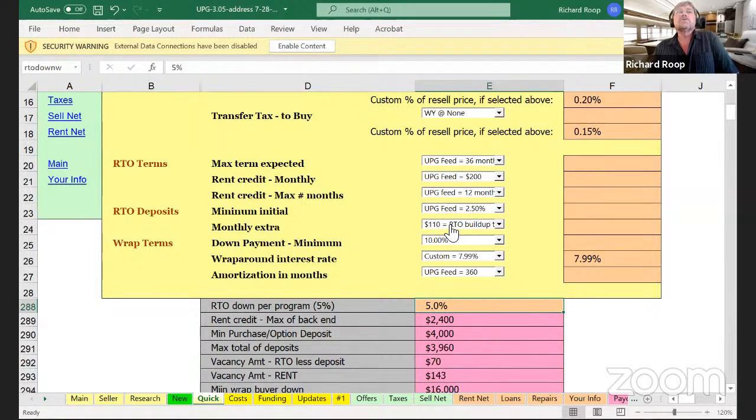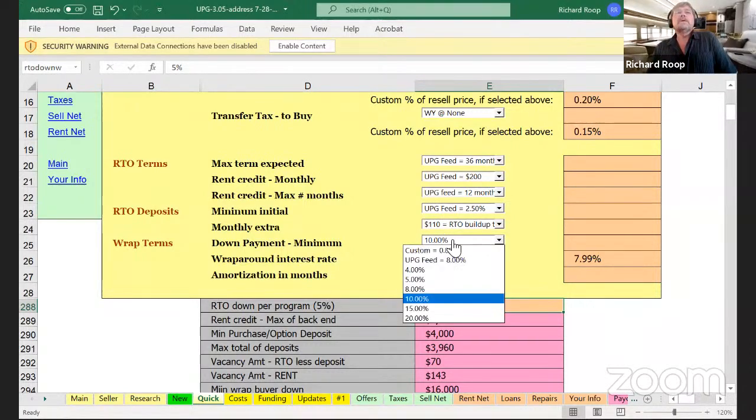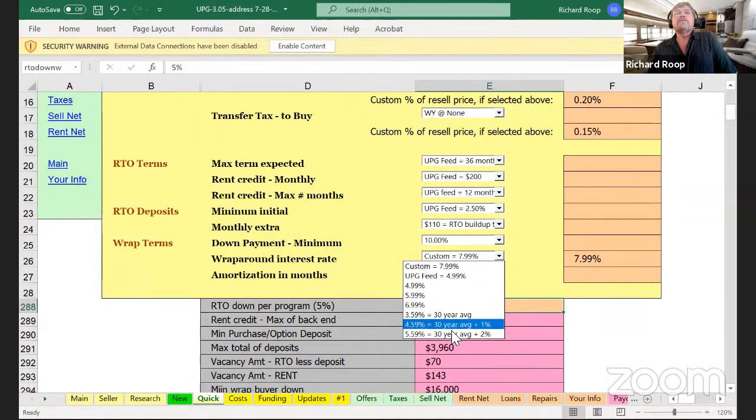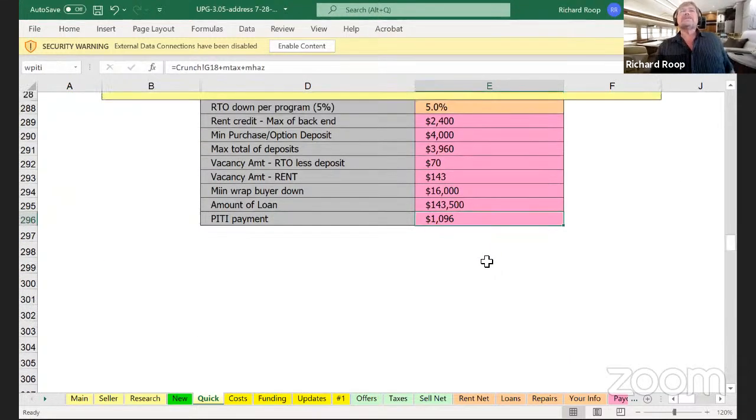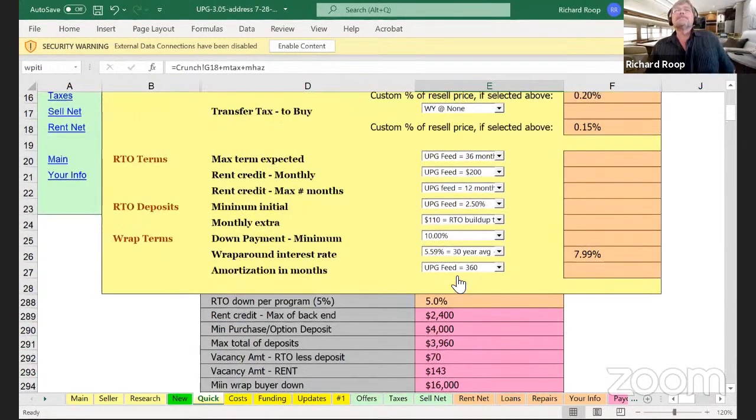So it's going to assume that you have either the other 2.5 in escrow, or you're going to build it up at 110 a month. And if you sold it with owner financing with the down payment at 5.99% interest on a 30-year loan, your PITI would be about 1,096.